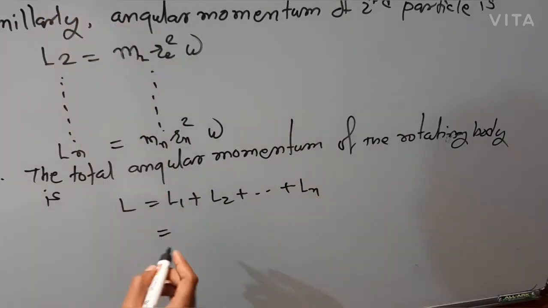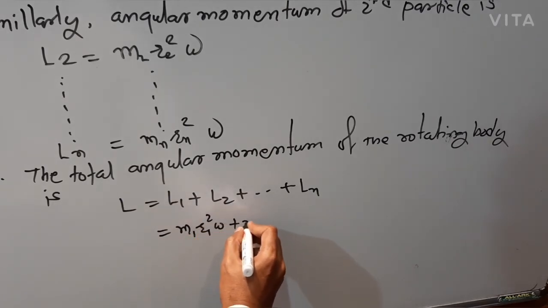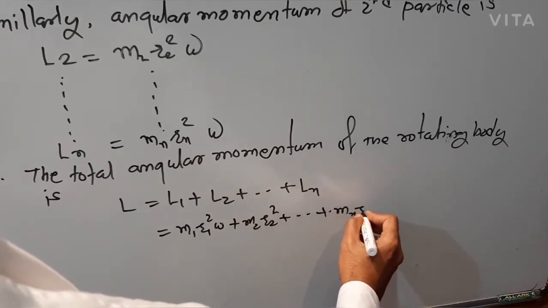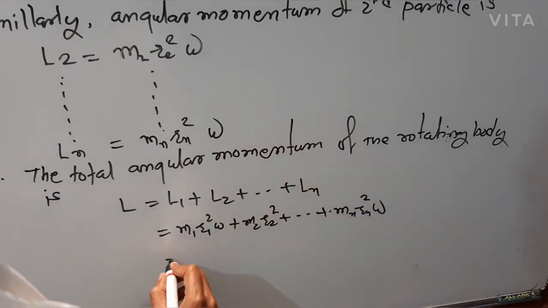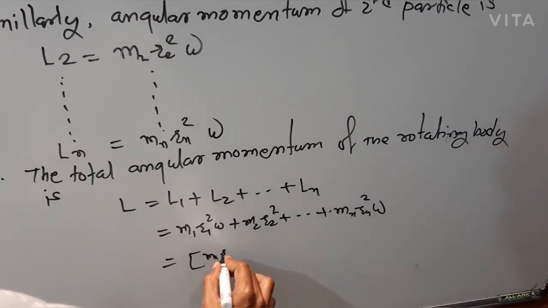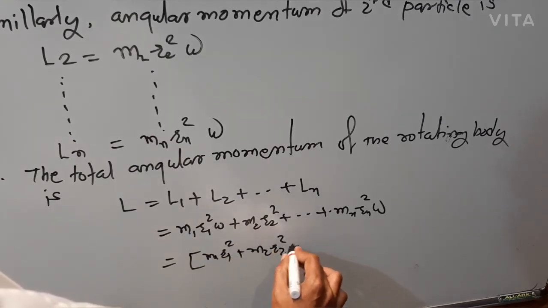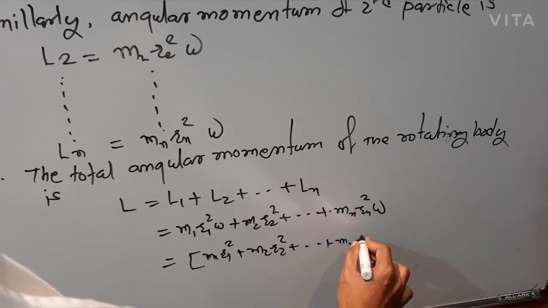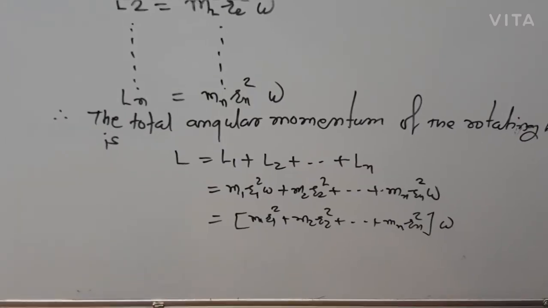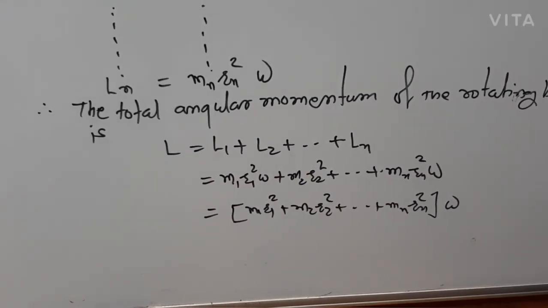From the above expressions it is M1 R1 square omega plus M2 R2 square omega plus up to plus Mn Rn square omega. The common terms are M1 R1 square plus M2 R2 square plus up to plus Mn Rn square, and omega is constant, so it is not denoted as 1, 2, 3.